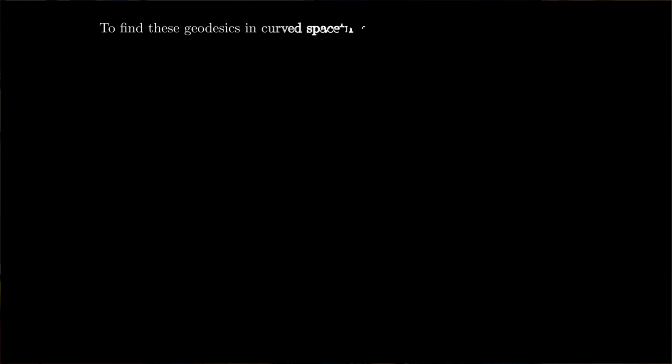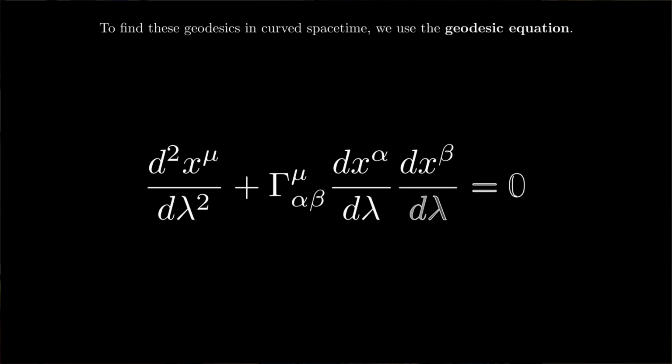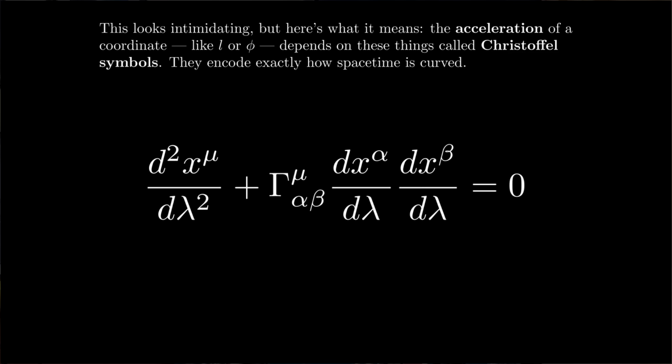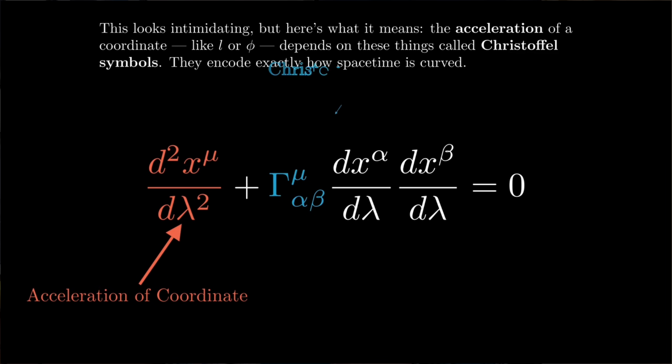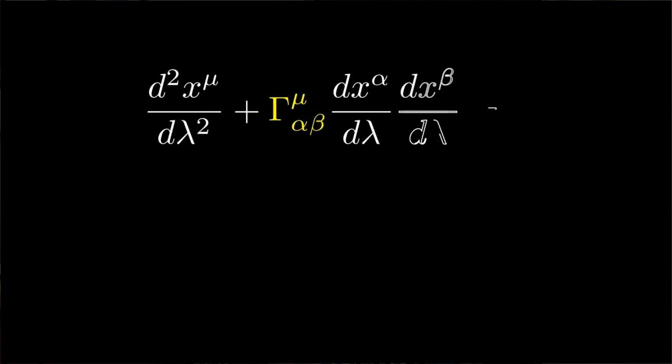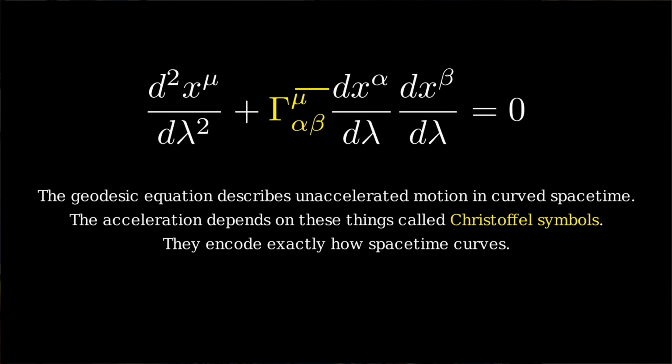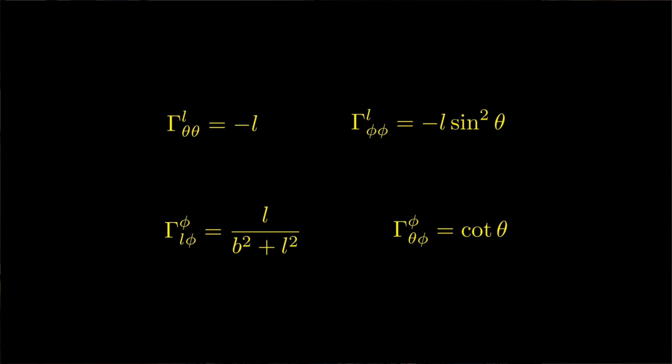To find these geodesics, we use the geodesic equation. Well, I know this looks intimidating, but here's what it actually means in simple terms. The acceleration of a coordinate like L or phi depends on these things called Christoffel symbols that encode how spacetime is curved. For our Morris-Thorne wormhole, when we work out all the Christoffel symbols and plug them in, we get two key equations.